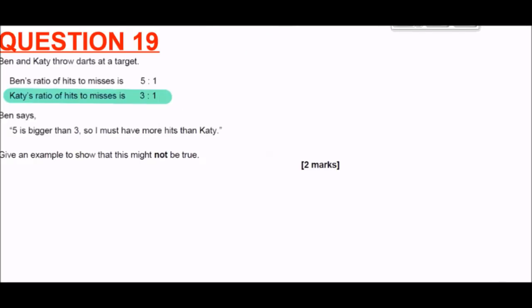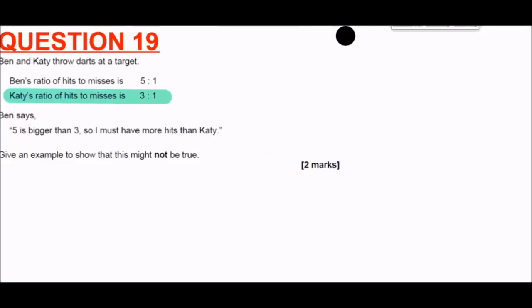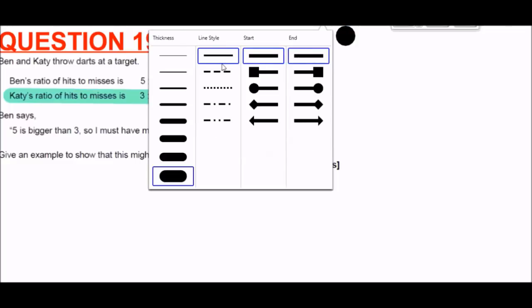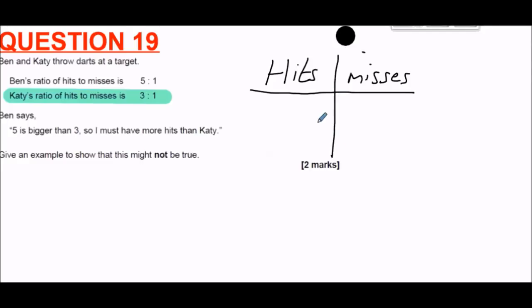So just think about Katie. If we have on one side hits and misses, then it's simplified down to 3 and 1.